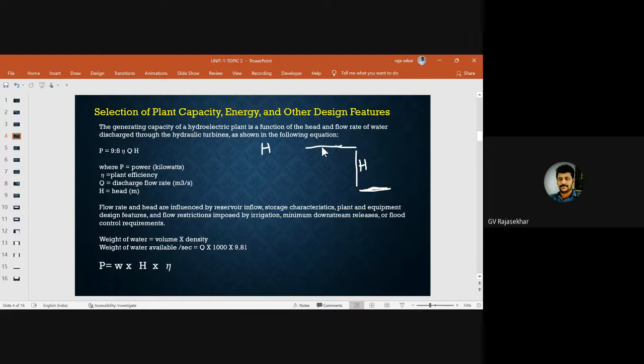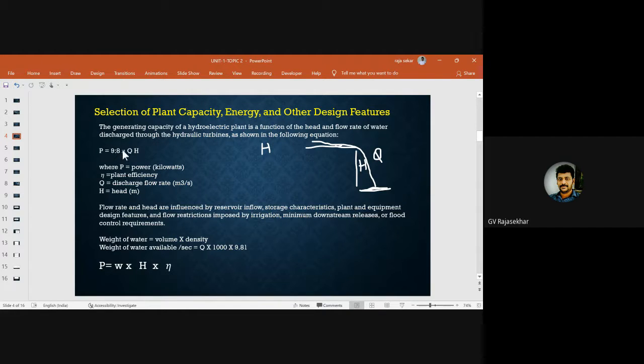Now the water will be flowing from here to the power plant through the penstock, and that flow rate is q. Let the water flow rate be measured as q.